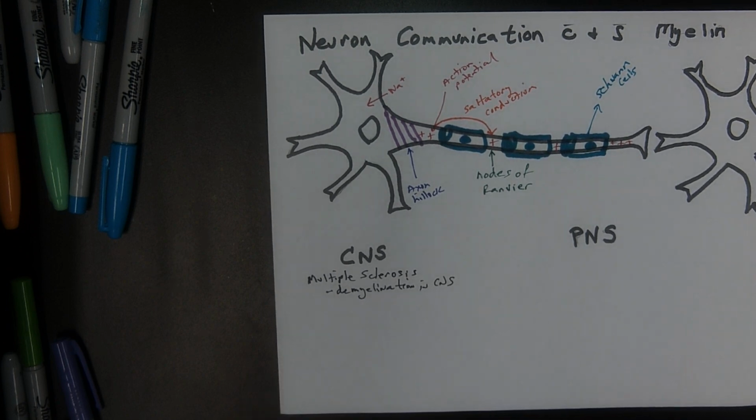That's brain or spinal cord. It's called multiple sclerosis if it's appearing in your brain. It's actually called transverse myelitis if it's appearing in your spinal cord. Minor difference, it's the same thing. Brain versus spinal cord. We'll talk more about that next year. For right now, you need to know multiple sclerosis. Multiple sclerosis is demyelination in the CNS.